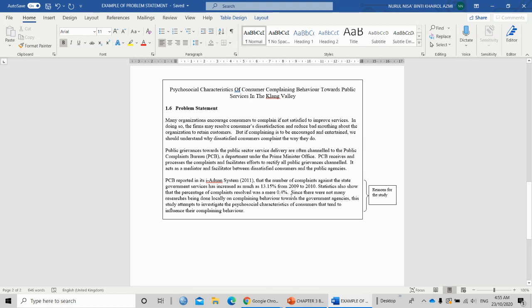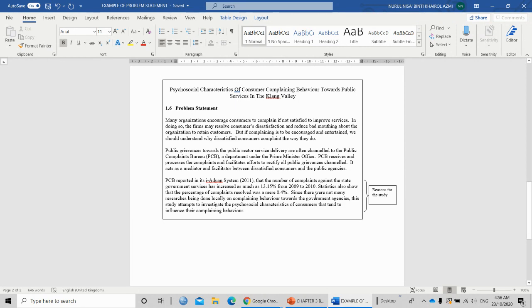Okay, and then they mentioned since there were not many research being done locally on complaining behavior towards the government agencies, so this study attempts to investigate the psychological characteristic of consumer that tend to influence their complaining behavior. So dia ada reason for study, and then come up with the objective.